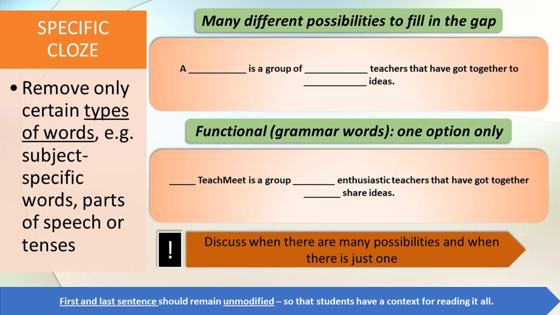In the first example here, there are many different possibilities to fill the gaps. But in the second one, with functional grammar words, there is only one option. After the word group, the word of is the only option. This allows you to discuss with the students when it is that language allows for many possibilities and when for just one. And of course, why.